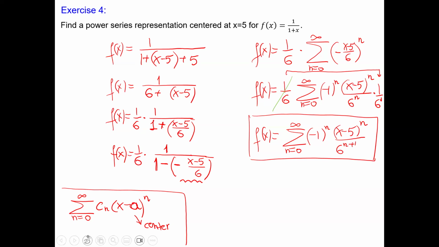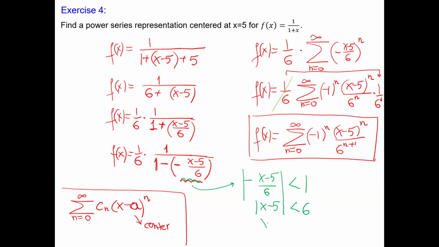And the interval, we are not asked, but let's see, this is the moment that I'm using this. That means the common ratio, negative x minus 5 over 6, absolute value must be less than 1. We may ignore negative because the absolute value of negative is positive, and we may multiply by 6.